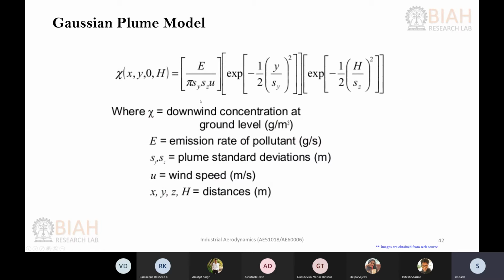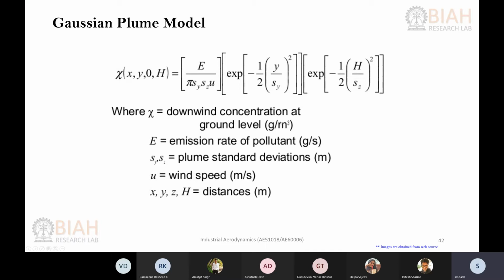So this is the formula for the Gaussian plume concentration at any location x, y, z, sorry, x, y, h. Okay, so here I think the nomenclatures you can see. This is kappa. So that one is your downwind concentration at the ground level.